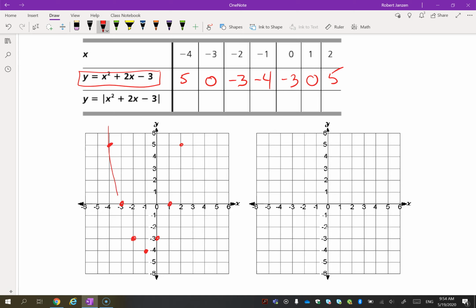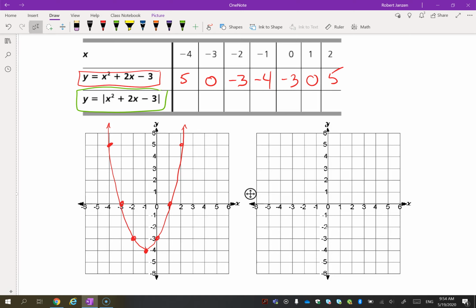Okay. Now, you guys should know other ways of graphing parabolas, right? You don't need a table of values. What you would do is you would say, hey, what's the vertex? What are the x and y intercepts? And you would graph it that way. The only reason I'm using a table of values is just to show you what happens to the absolute value.